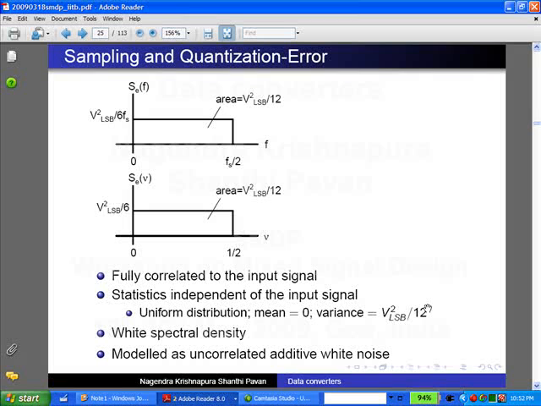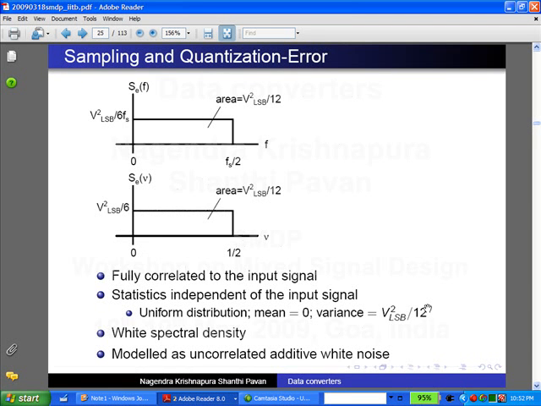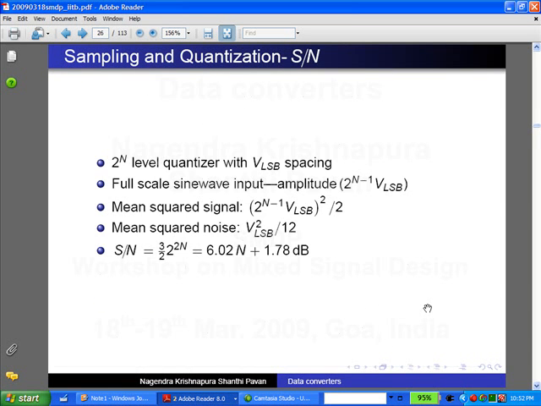So, finally we come to how much the error is. This is what we wanted to find out. We want to sample and quantize because we want to have a record with finite number of points which we can store and process and so on. Now, sampling gives you some kind of errors, quantization gives you some other kind of errors. Now, we want to describe it by some number to say that it is good. We already said that the quantization error can be modeled by some white noise like thing in most cases. Now, how will you describe a signal with noise?